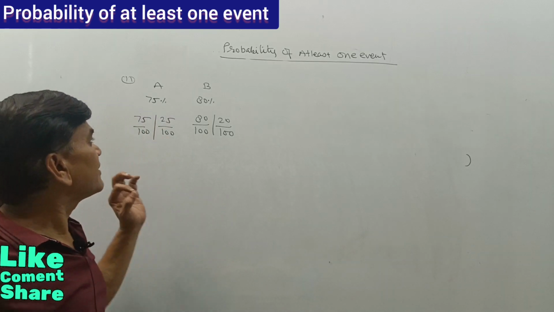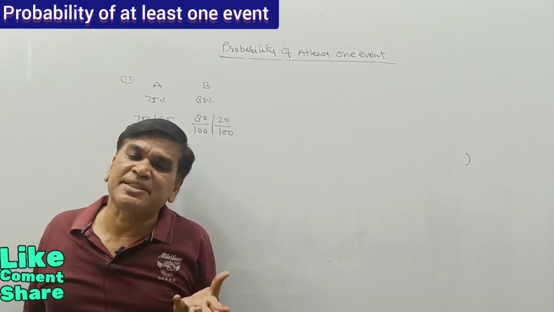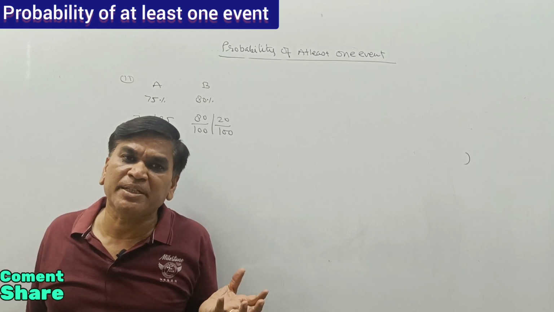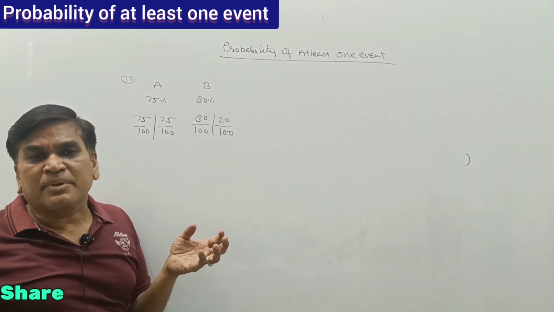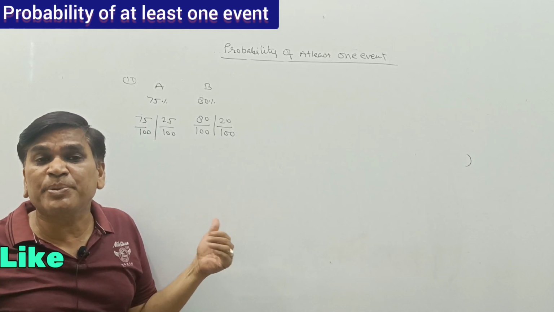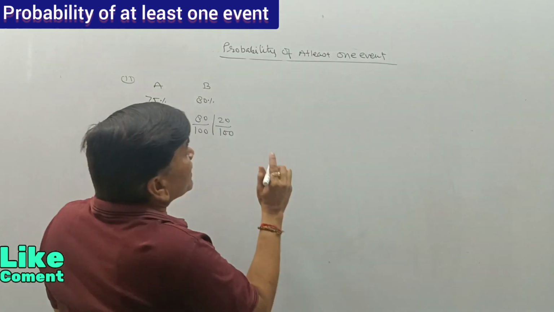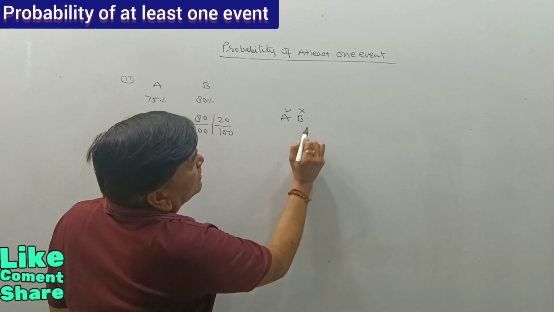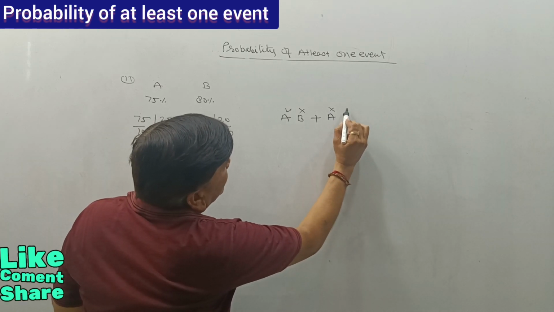First, listen to the question. The chance of A speaking truth is 75%, and the chance of B speaking truth is 80%. We calculate the probability that for the same event, both will speak against each other. They will contradict each other if A is saying truth and B is telling a lie, or A is telling a lie but B is saying truth.